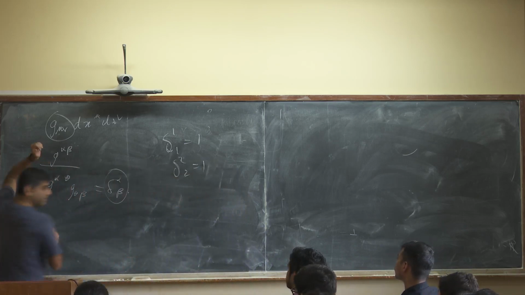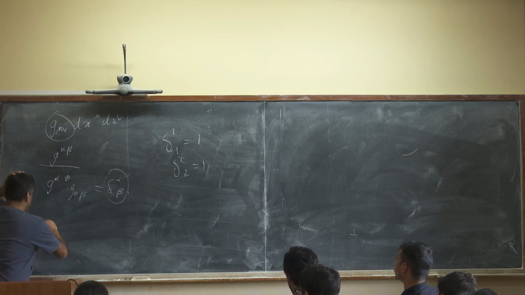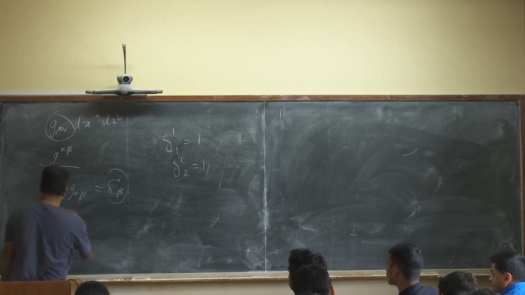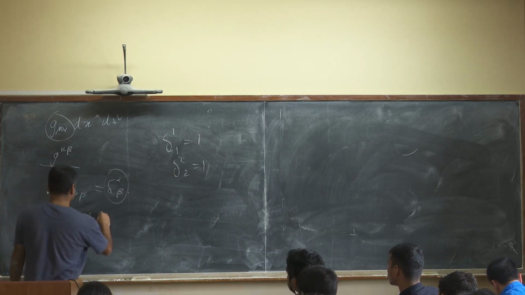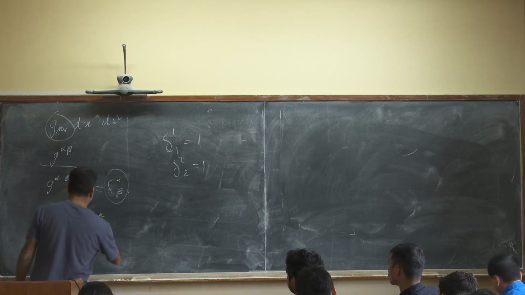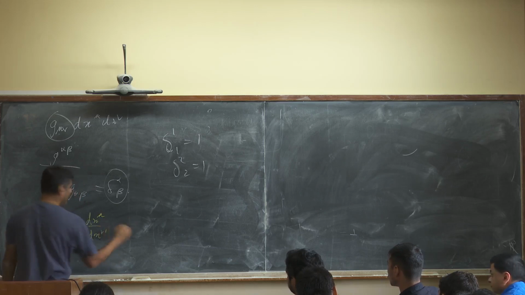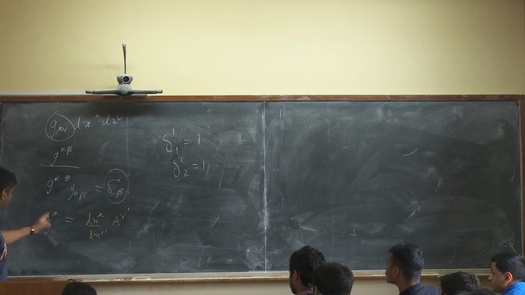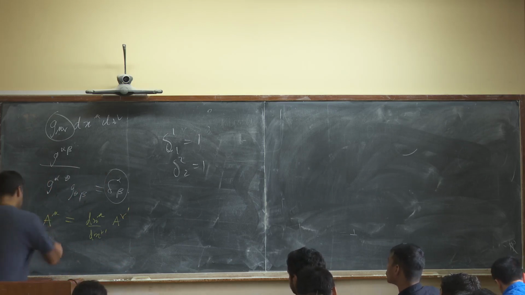Let's remember the rule for transformations. A mu was equal to del x mu by del x, let's call it nu prime, A nu prime. That was the rule for the transformation of an upper index. What was the rule for the transformation of a lower index?